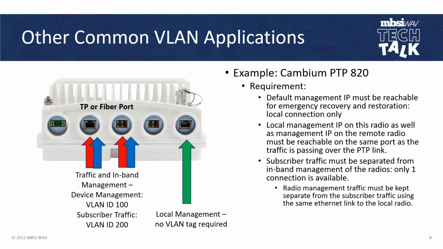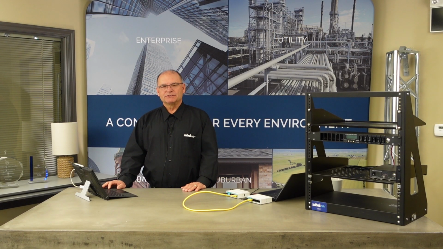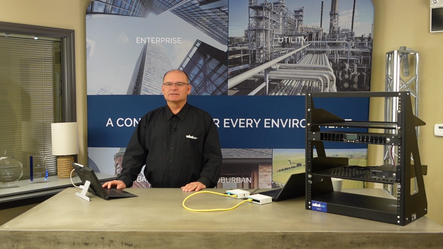In this case, I can remotely manage this system from my NOC, or my data center, my central office, whatever it happens to be, and be able to manage both ends of the radio. Whether my connection to the radio is fiber or Ethernet, Cat5 I should say, or twisted pair, it doesn't really matter.